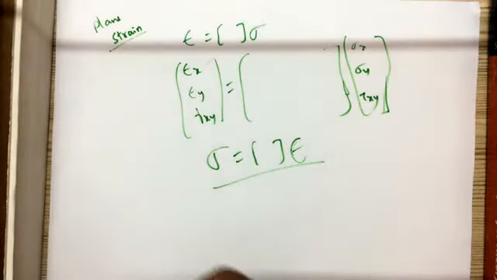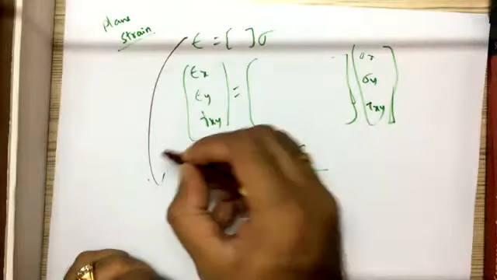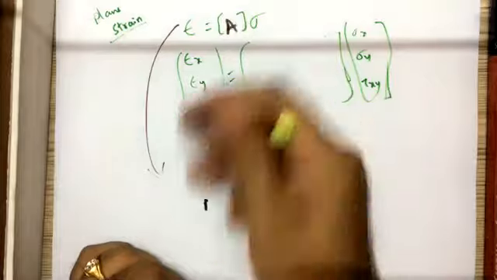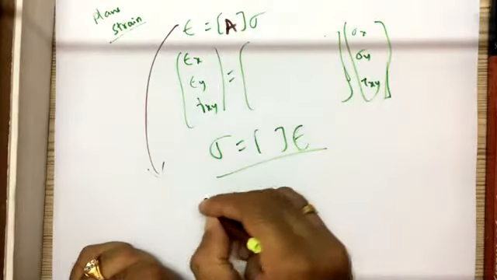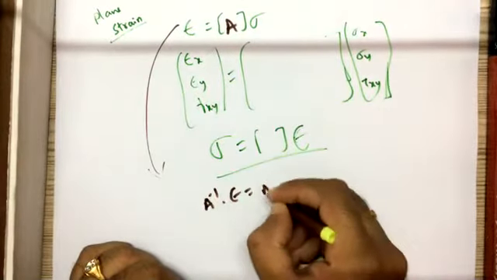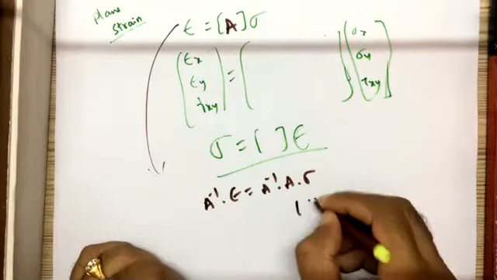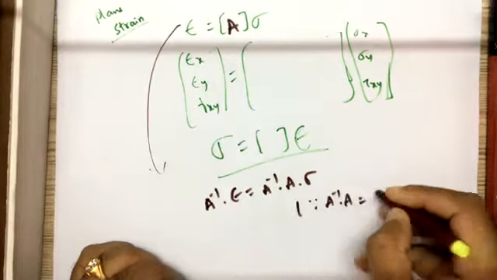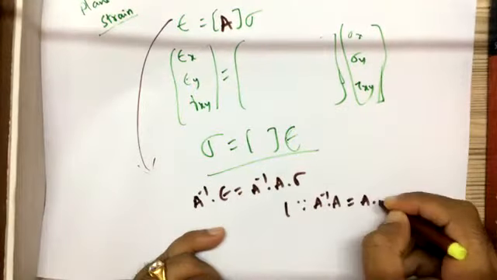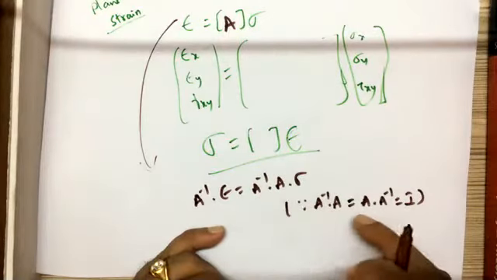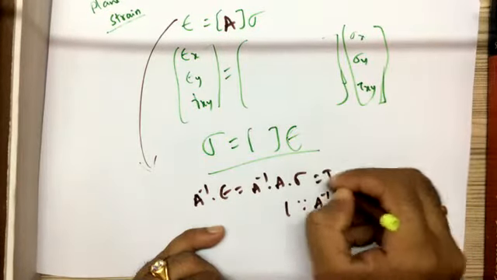So in order to get this form, let us suppose this matrix is A, and we multiply both sides with A inverse. So A inverse into epsilon equals A inverse into A into sigma. If you multiply any matrix with its inverse, A inverse into A equals A into A inverse equals I, the identity matrix.